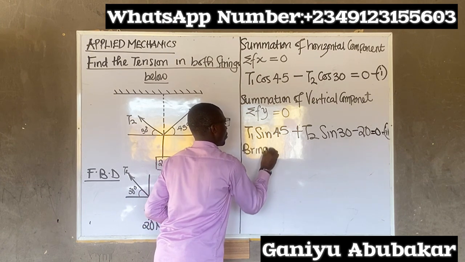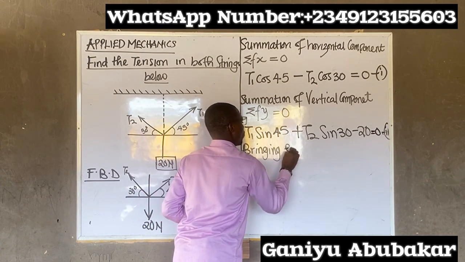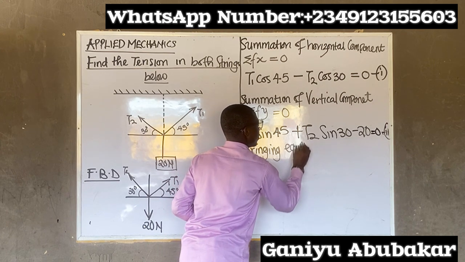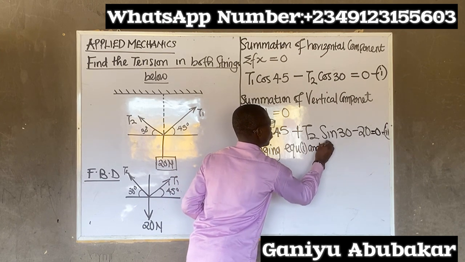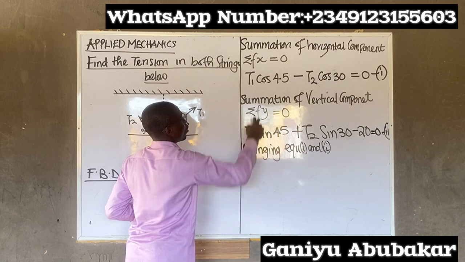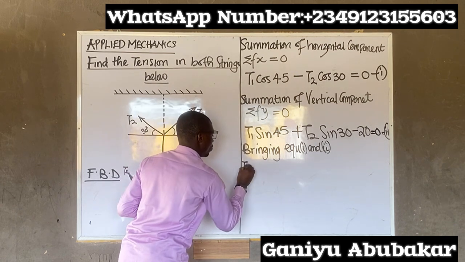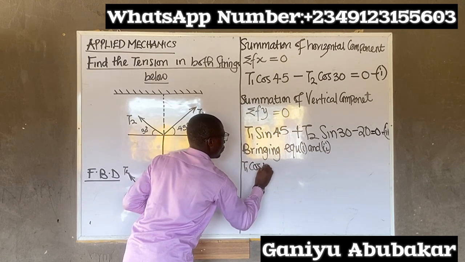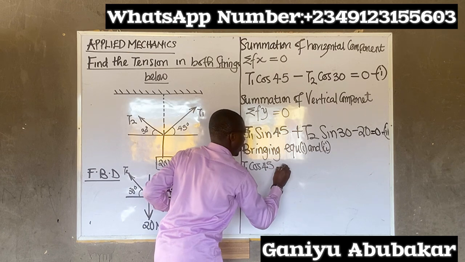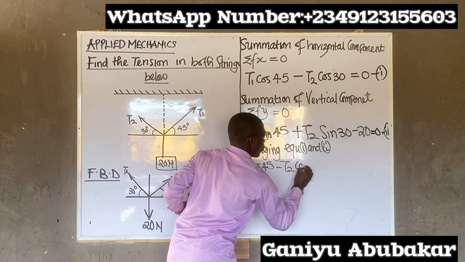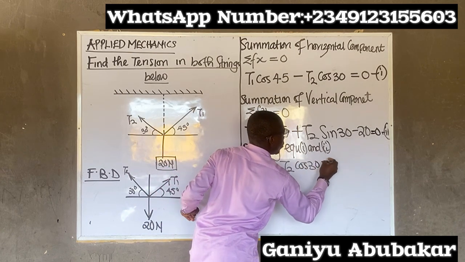Bringing equation 1 and 2 together. Equation 1 gives us T1 cos 45 minus T2 cos 30 equals 0.